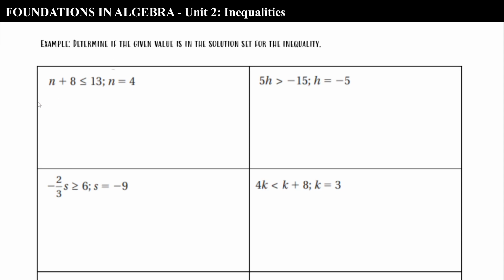So for this first one, we're going to plug in 4 for n, and then we're going to evaluate both sides of the inequality. So 4 plus 8 gives us 12, and 12 is indeed less than or equal to 13. It is less than, so it's true. So therefore, 4 is in the solution set.